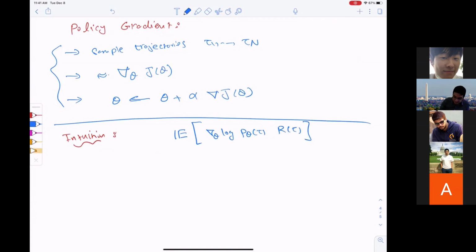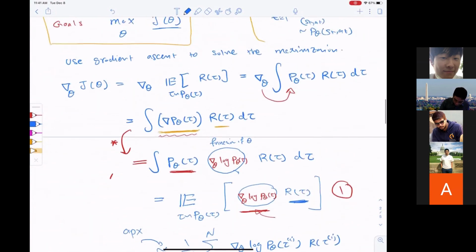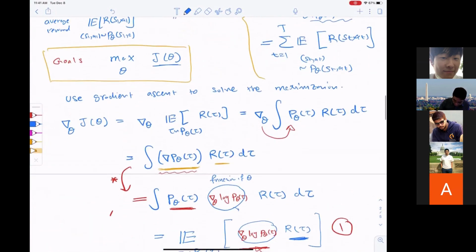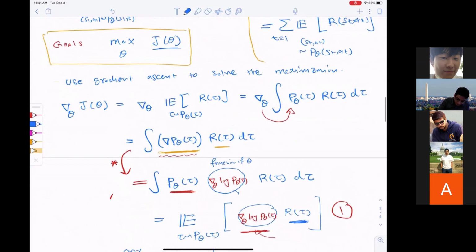That is basically the objective that we started from. So that is the gradient updates that we have. Eventually, that is used in order to optimize my average reward, which is just the expectation of the rewards that we have.